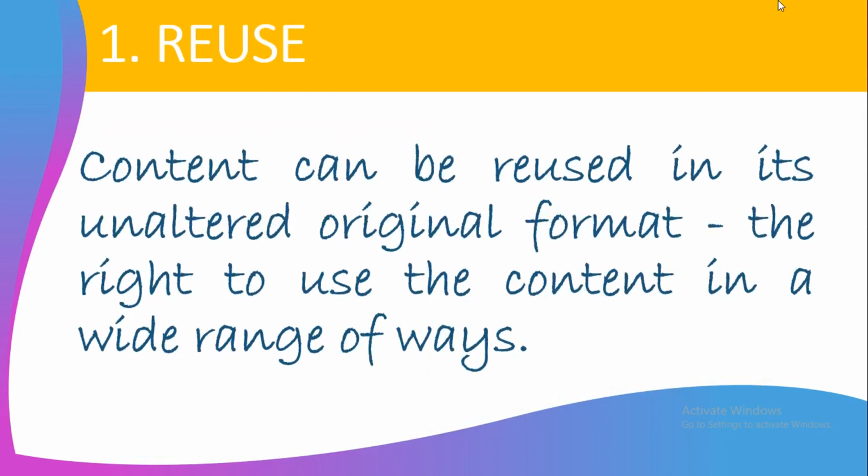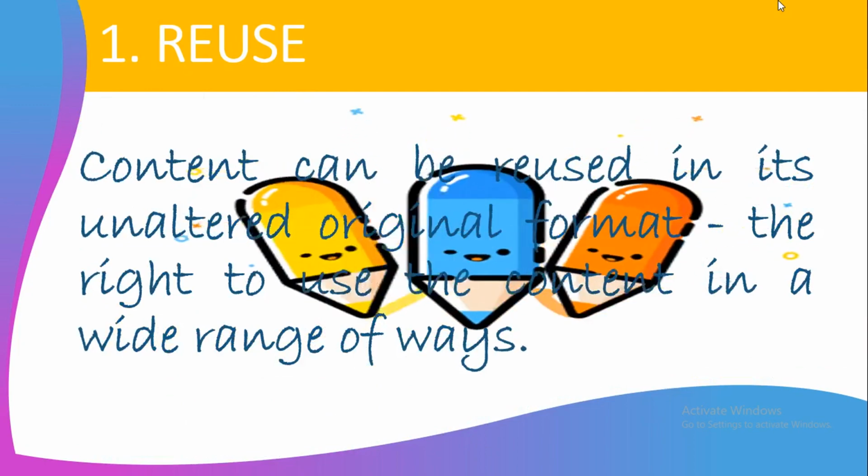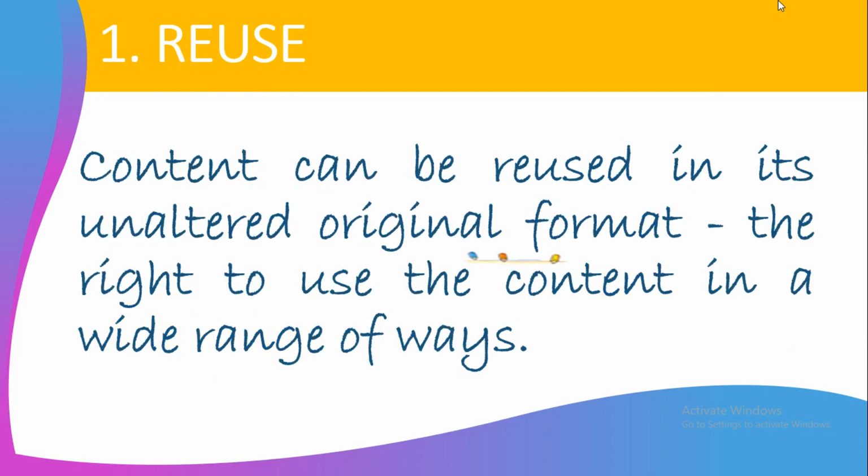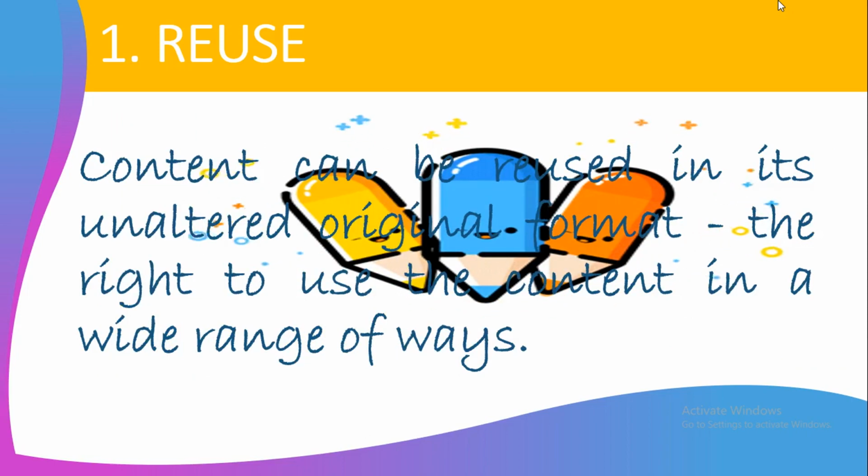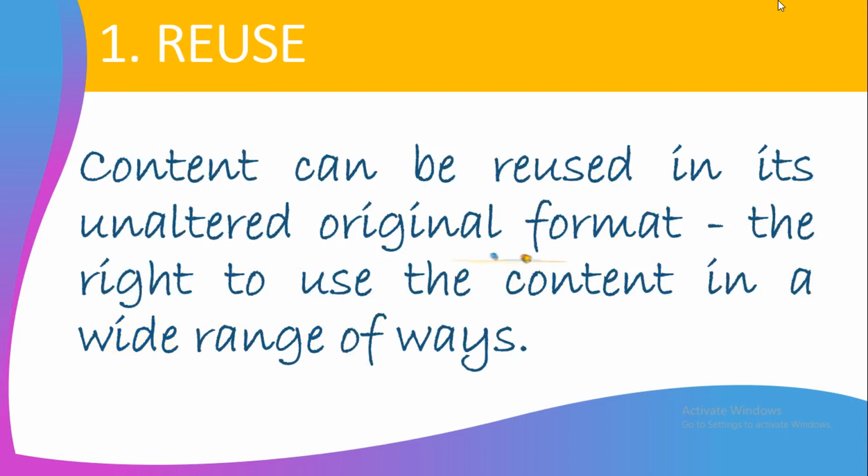Now, if I talk about the first thing, that is reuse, the content can be reused in its unaltered original format. You can reuse it again and again. You cannot alter the content. You need to use the original format, with the right to use the content in a wide range of ways. For example, if I am providing you this presentation under open educational resources, then you can reuse it the same way.